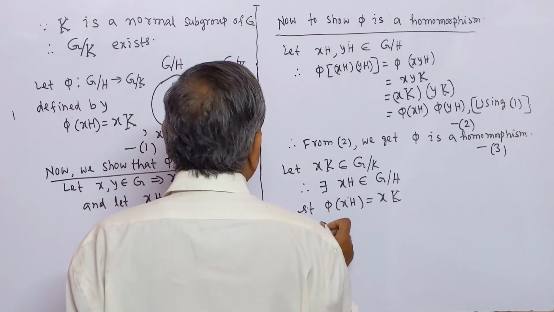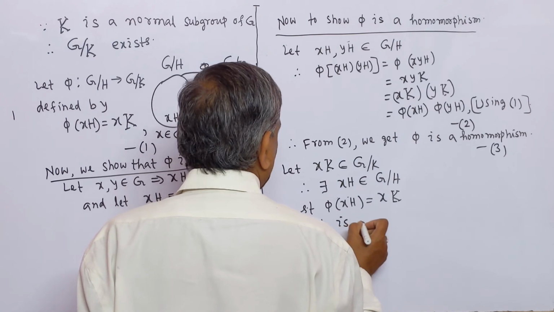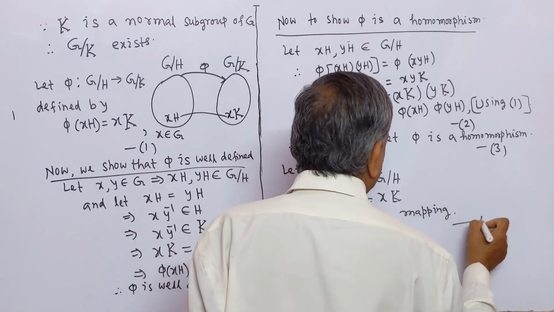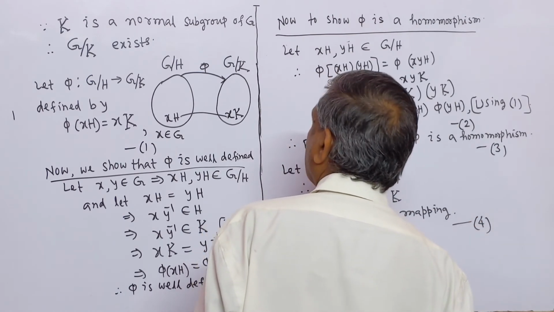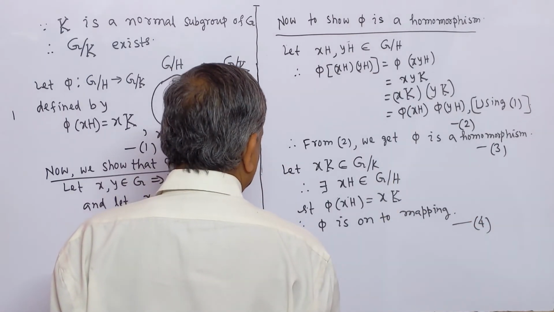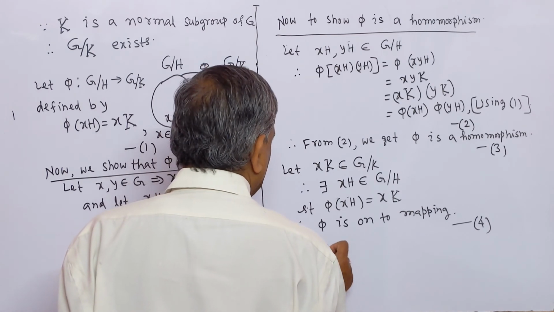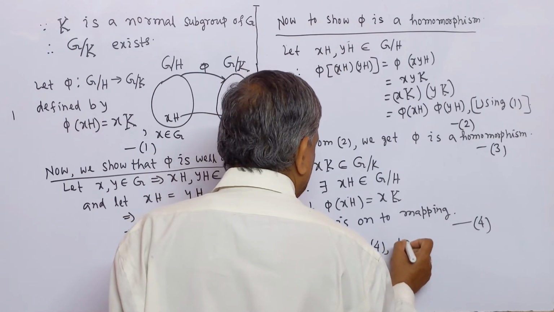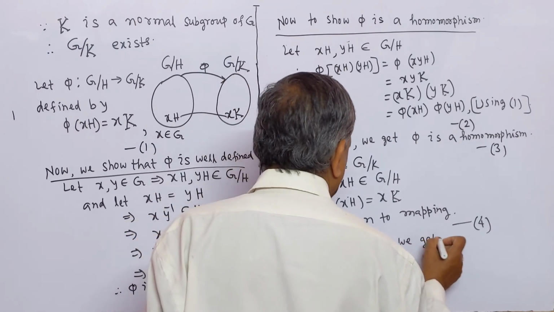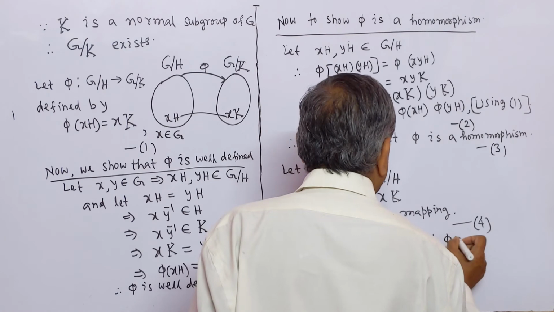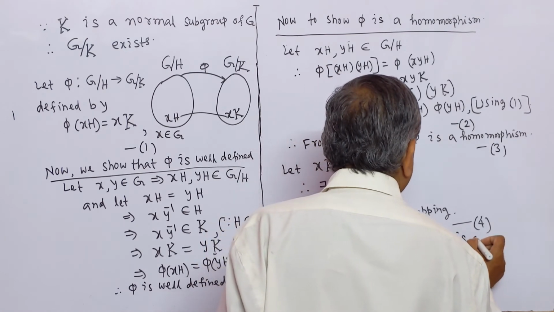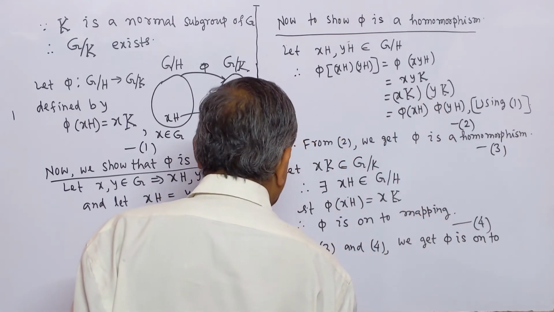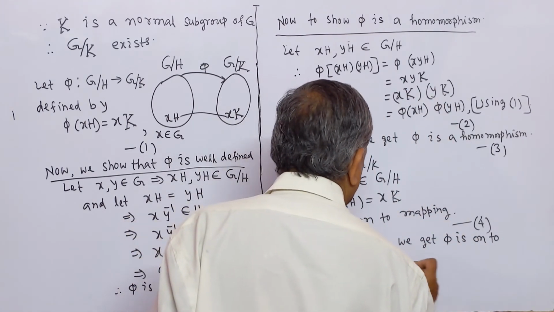Therefore, phi is onto mapping. This is number 4. From 3 and 4 we get phi is onto homomorphism. This is number 5.